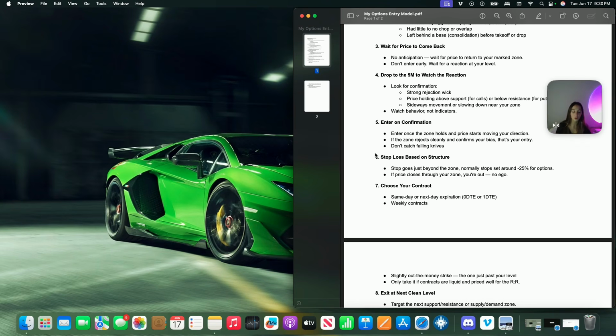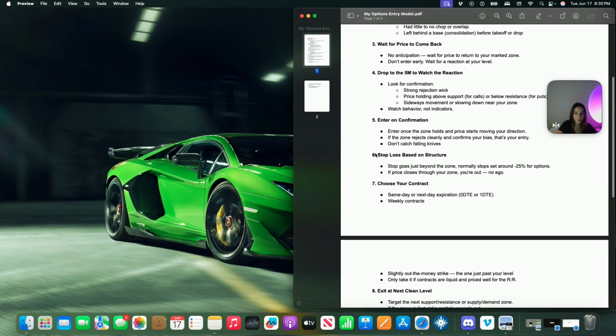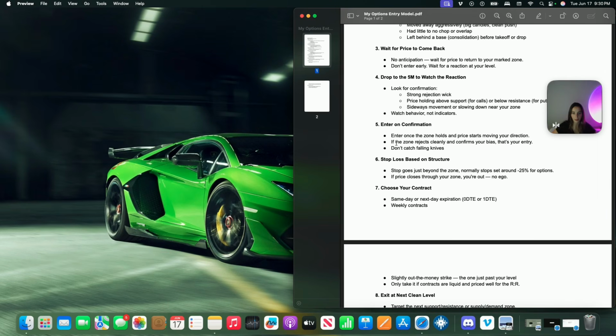So normally I will just set my stops around negative 25%, more or less depending on the exact position that I'm in. If it is a more risky position, I will size down and set my stops a bit tighter so I don't have the risk of losing out of that position if it is riskier. But again, setting your stops based on structure is a little bit more difficult for options.